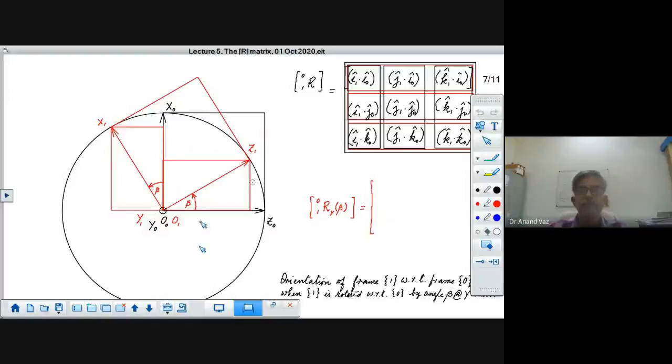We are interested now in having the orientation matrix, orientation of the frame 1 with respect to 0. And this indicates it is orientation of frame 1 with respect to 0 about the y-axis by an angle of beta.